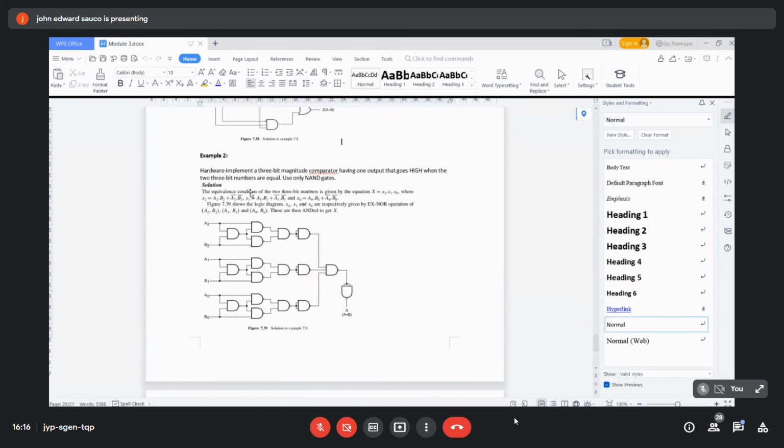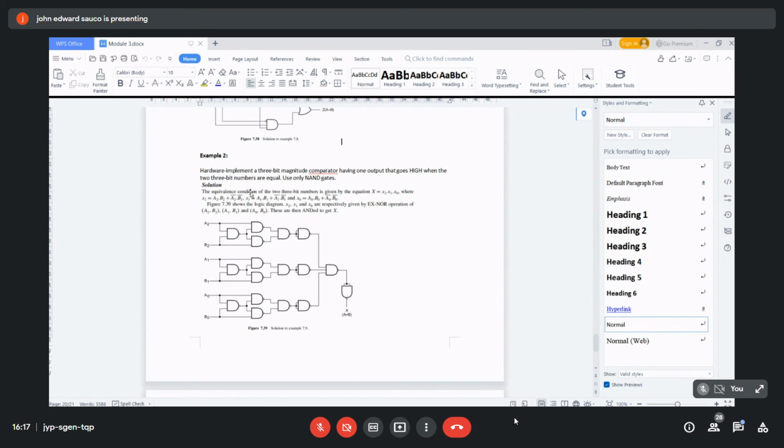Example number 2. So, hardware implement a 3-bit magnitude comparator, having one output that goes high when 3-bit numbers are equal. Okay, use only NAND gates. So, kung iisipin, siya is may 3-bit na number na merong dalawang number.